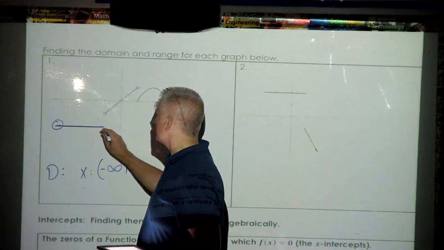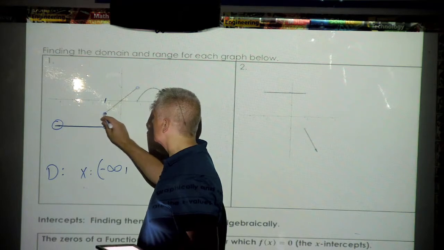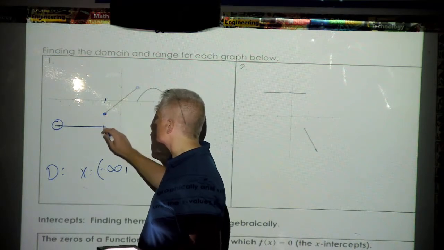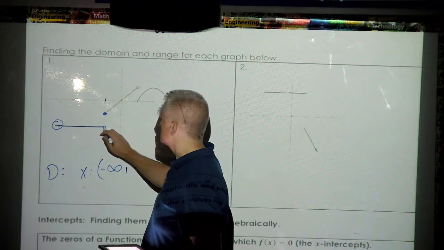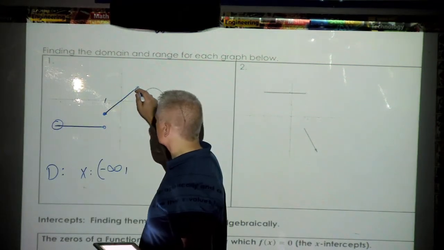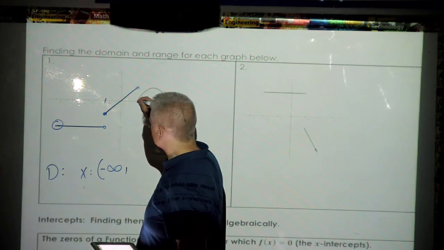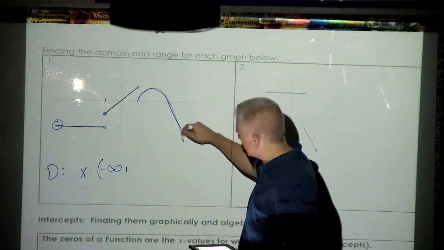Now at this point right here, it's open here, but this x coordinate at -1, it's still counted because there's a closed circle right above it. So all of these x's are included. Still, this x is included. We're going along. There's a closed circle right here. Bounces down to this open circle. We're still going to the right.